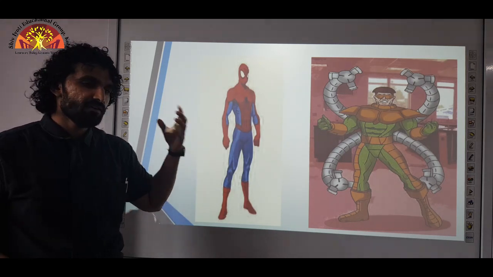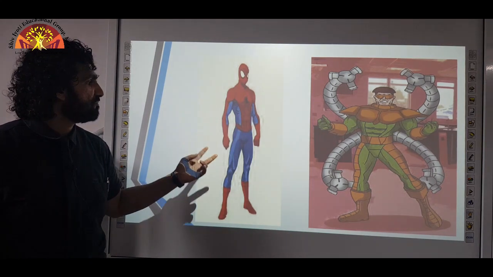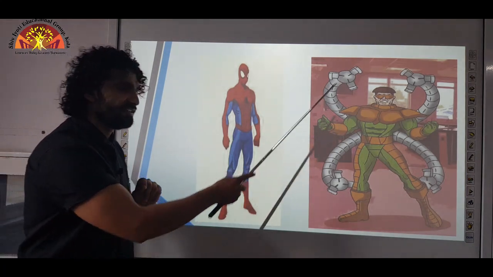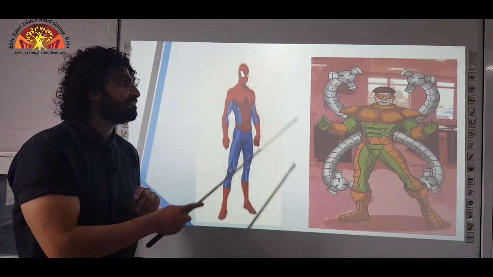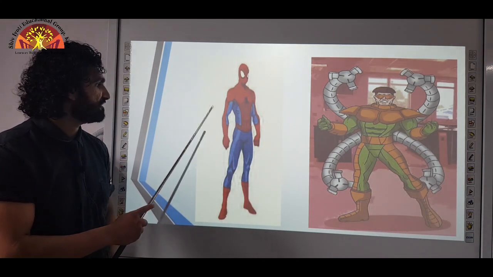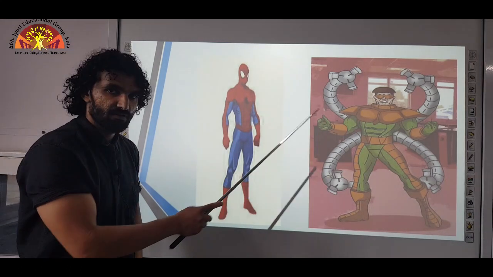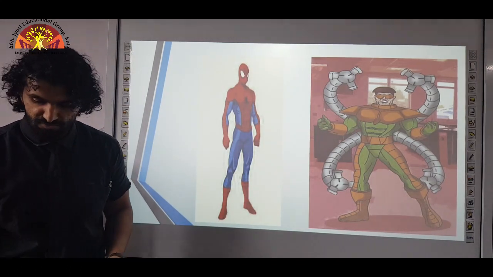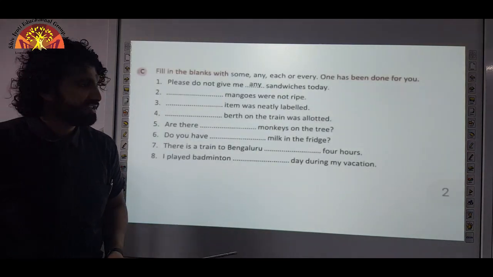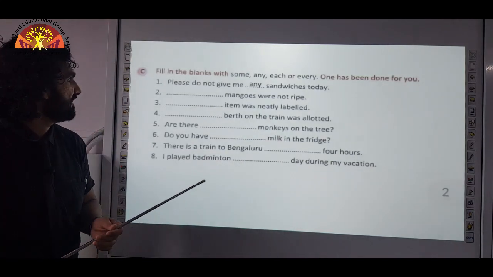For example, a girl named Deepa has done it. So I will say Deepa has painted each hand, two hands. For more than two hands, six hands, I will say Deepa has painted every hand. Okay, I hope you are clear and have understood the meaning well. Now, page number 16 of your book, the exercise.